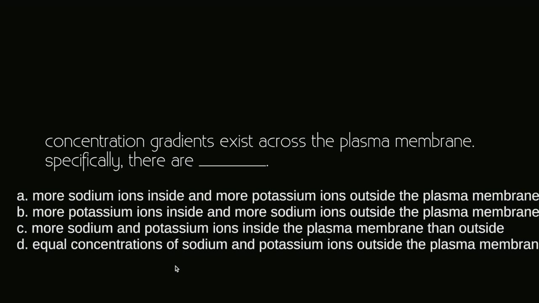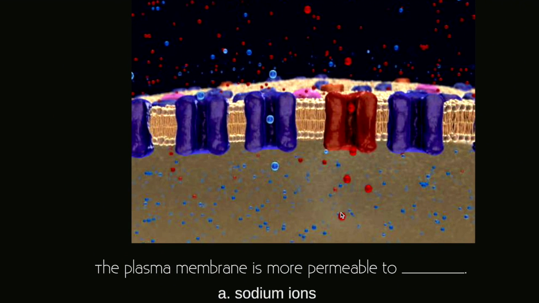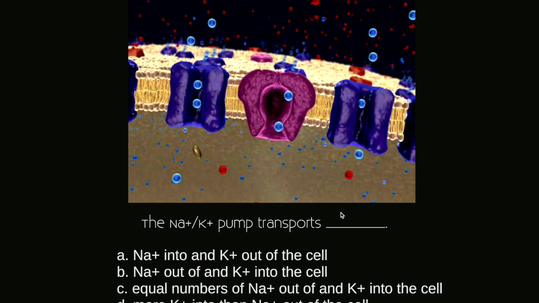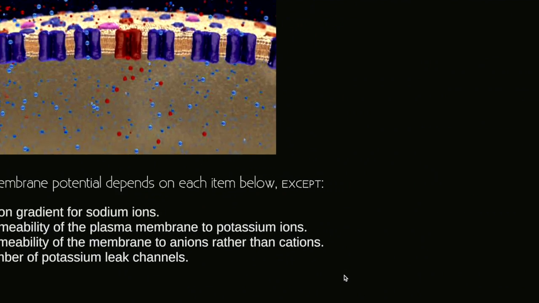So there's going to be more potassium inside and more sodium outside the plasma membrane. The plasma membrane is more permeable to potassium ions. The sodium-potassium pump transports sodium out and potassium into the cell.